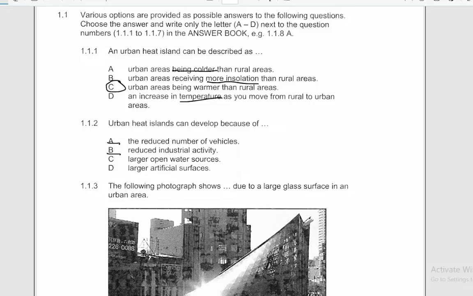Larger open water sources, this is also wrong. Water bodies are reflective. That is why we tend to find that parks in urban areas, those areas for recreation, which have vegetation and water bodies, are cooler compared to other areas where there is no vegetation and no water bodies, because water has a cooling effect. As the water evaporates, it has a cooling effect.